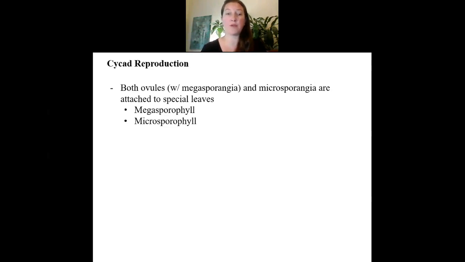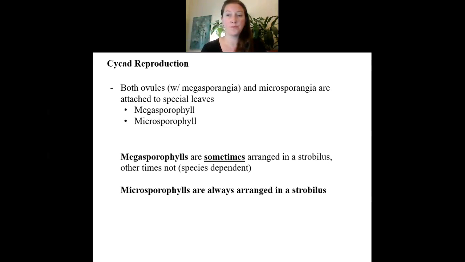Microsporophyll is going to have the microsporangia on it. The megasporophylls in cycads are sometimes arranged in a strobilus, and other times they are not. It'll depend on the species. Whereas the microsporophylls, the leaves that bear the microsporangia, are always going to be arranged in a strobilus.